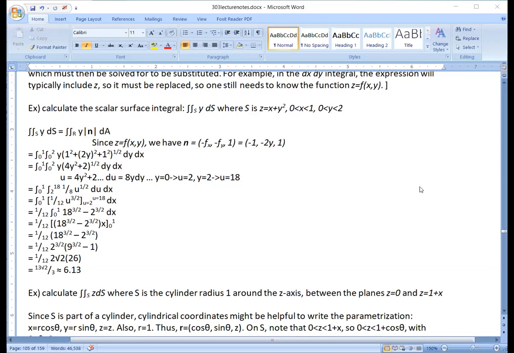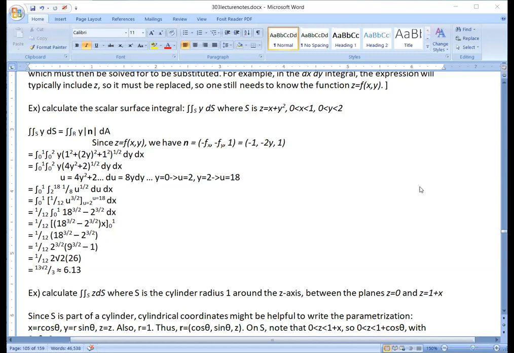That's standard cylindrical coordinates. Now notice that this particular cylinder has radius 1. Therefore, the parameterization for this cylinder is just going to be r equals cos theta, comma sine theta, comma z. Because we use cylindrical coordinates to describe it, our parameters wound up being theta and z. And that's fine, you can always use any two letters that you like.